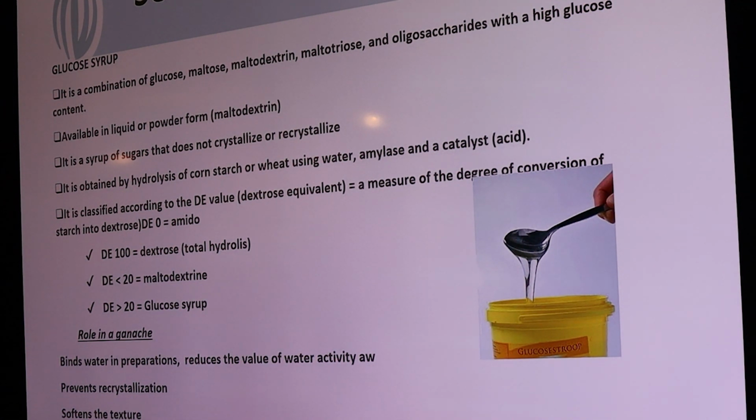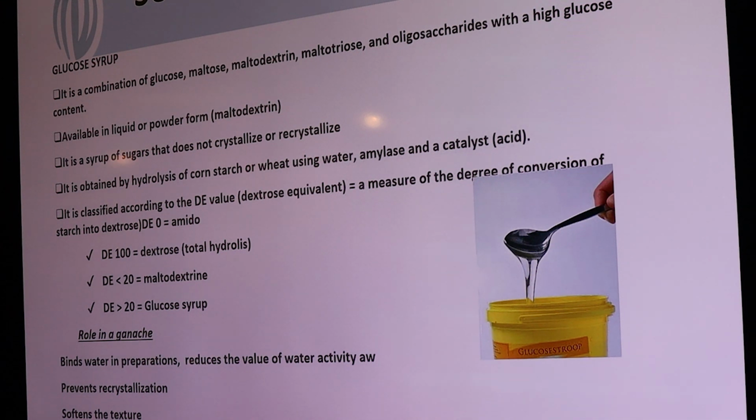and the more you cut it, the more water it can bind. The higher the DE is, the more water it can bind, and also the less viscous it is. So if you have a DE 60, it is cut 60 times and can bind much more water than, for example, a DE 20.